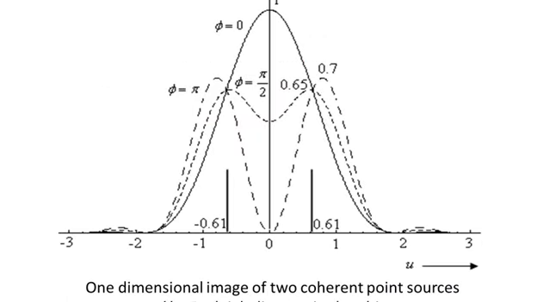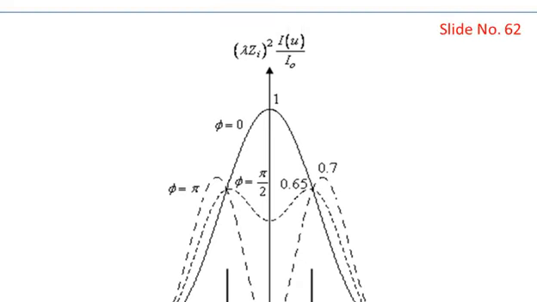And you know that with phi equal to 0, we get a result which is shown in the solid line, the one main lobe, and of course we have also shown a side lobe over there. The main lobe is very much broadened.